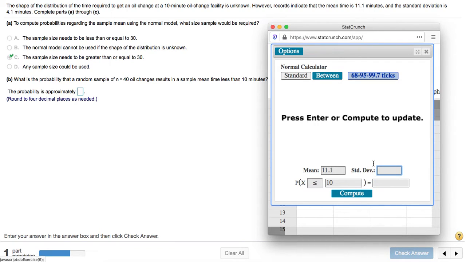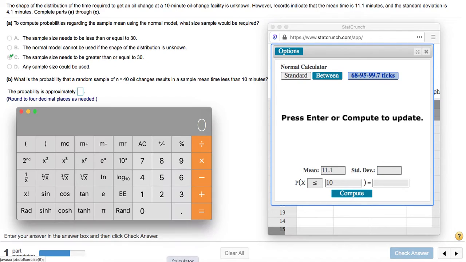So we're not going to use the standard deviation from the original sample, because we're talking about a sample size greater than 1. The formula is to take this standard deviation and divide by the square root of the sample size. So it's 4.1 divided by the square root of 40. I'm going to use a calculator to figure out that value.